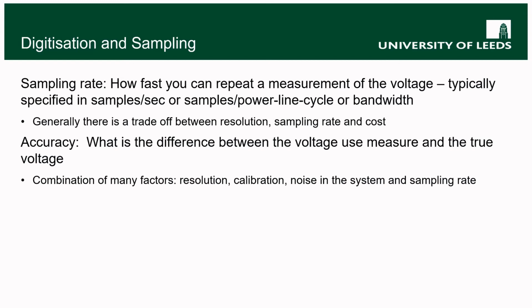So the challenge you're facing is to think about what combination of resolution, accuracy, and sampling rate you need in order to do your measurement, because there's no point maxing things out, and it just drives your cost up for no good purpose. On the other hand, if you don't think about what you need, you can easily end up doing the wrong measurement or not measuring what you thought you were measuring.